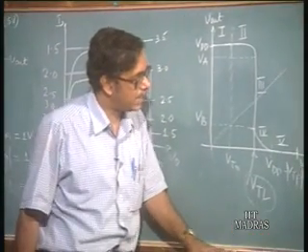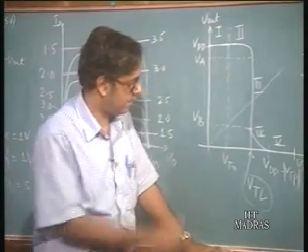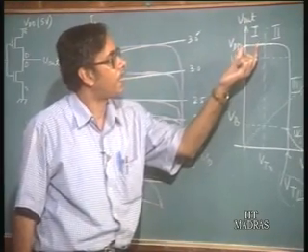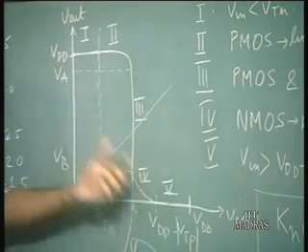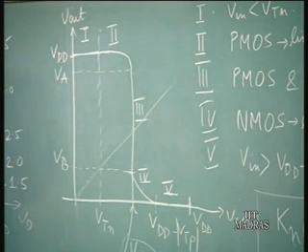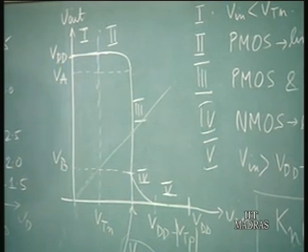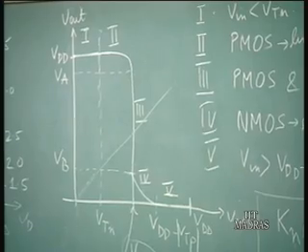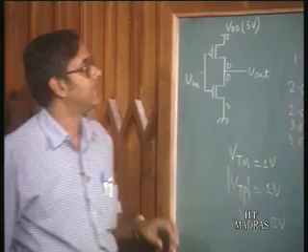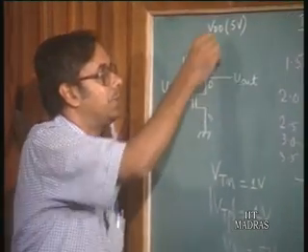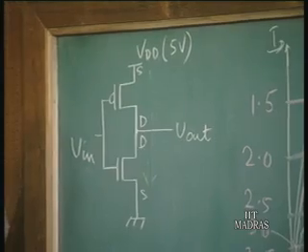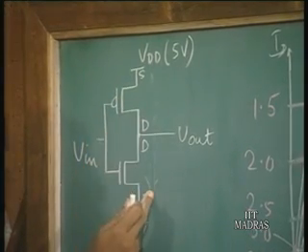Now, we have also seen while we derived this characteristic that there are two regions, region 1 and region 5, where there is basically no current flowing through the inverter. If we come back to this inverter circuit, for a current to flow from the supply to ground, both the transistors must be conducting.